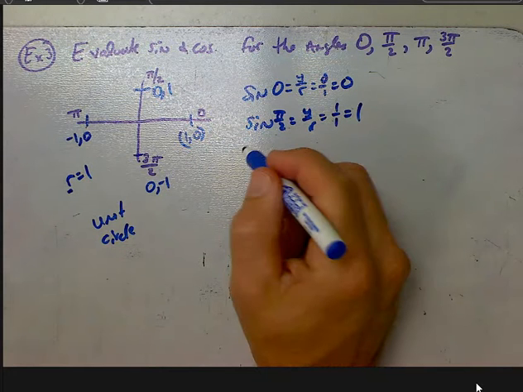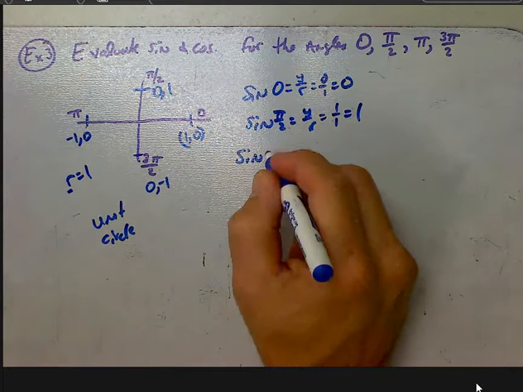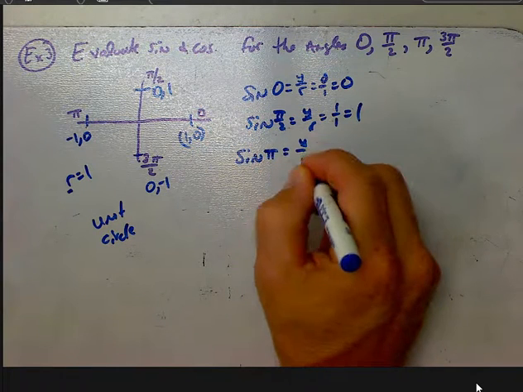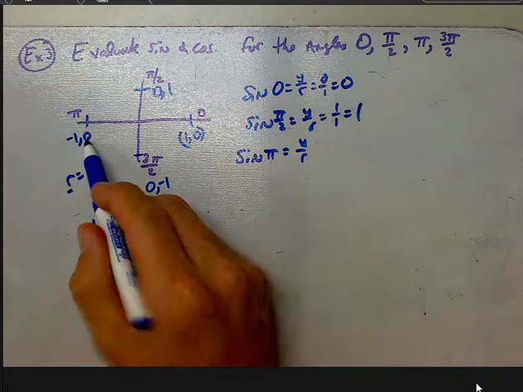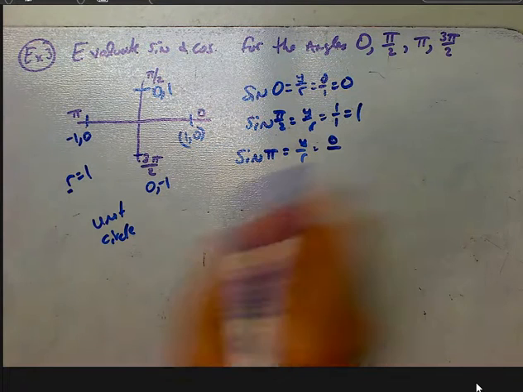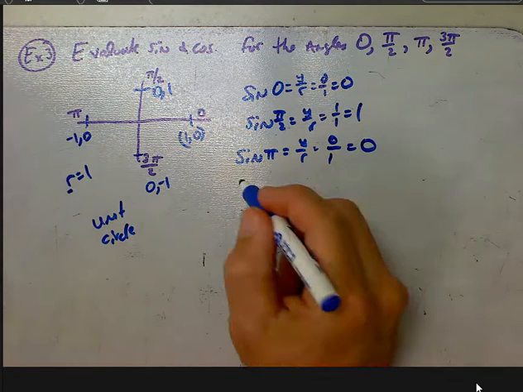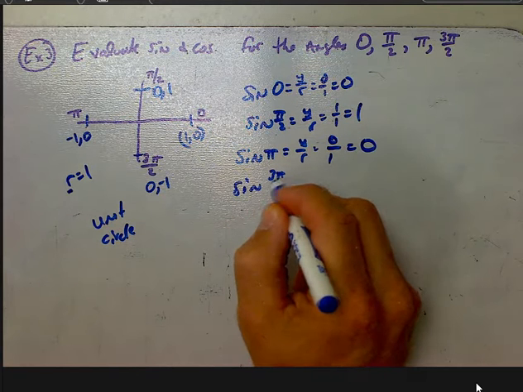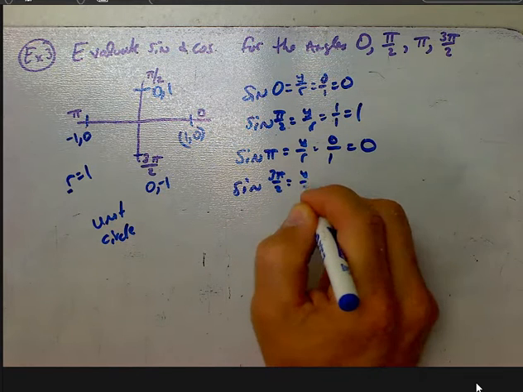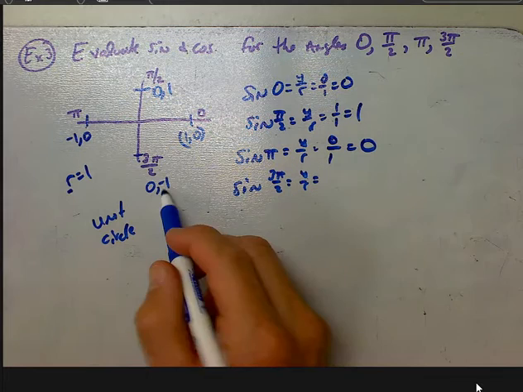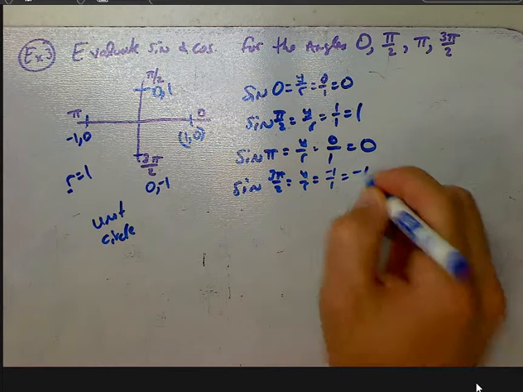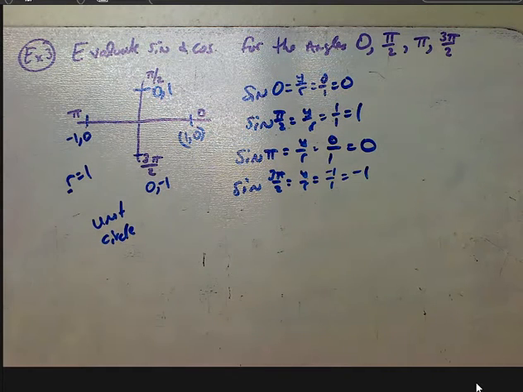The sine of pi, again, is y over r. Y is 0 over 1, so the sine of pi is 0. And the sine of 3 pi over 2, again, y over r, is going to be y is -1 over 1, which is -1. So there's the sine values of all three of those things.